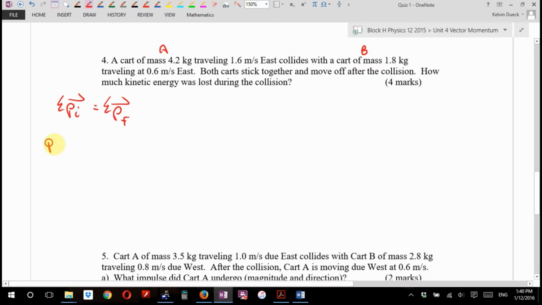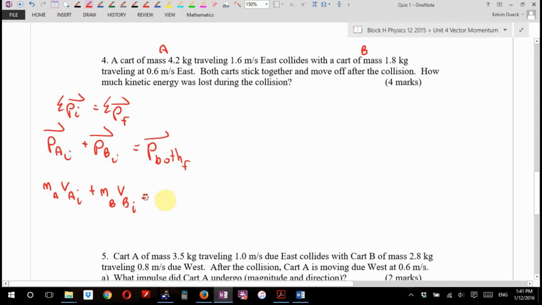I think I can go momentum of A initial plus momentum of B initial. Wham! They collide. After the collision, stuck together. This is going to be mass A, V, A initial plus mass B, V, B initial equals V final divided by, I did 2 steps into 1 if that's okay.